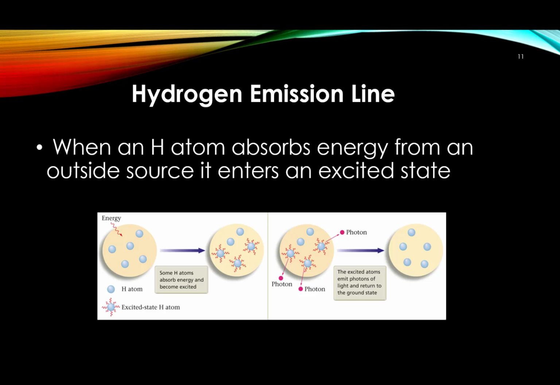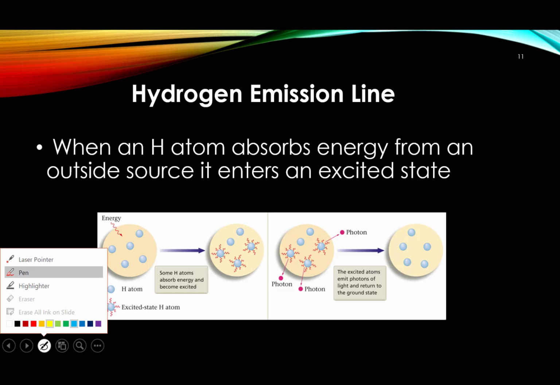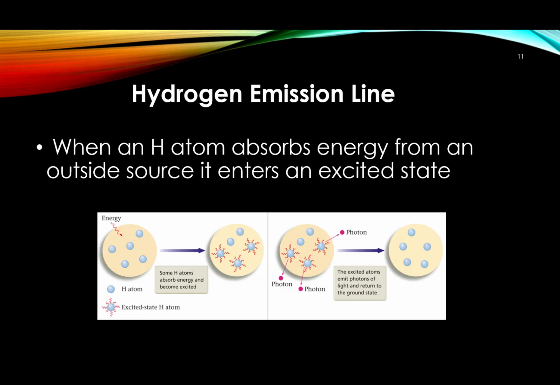Now let's talk about the hydrogen emission line. It's exactly the same concept. As you can see here, the hydrogen atom is at the ground state. It absorbs the energy and moves from ground state to excited state.